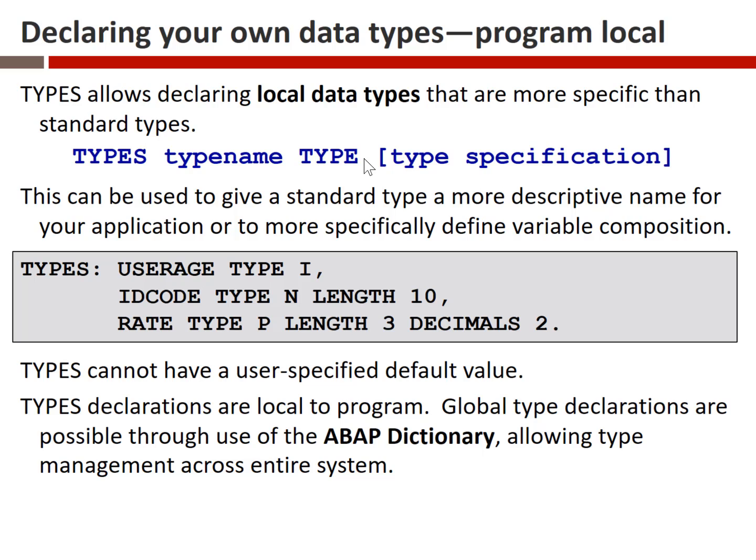The idea behind that would be I could create a data type that would then exist universally in the system and could be used in a variety of programs written by a variety of end users. That is a very useful technique, but it's something that we will talk about here in a moment.